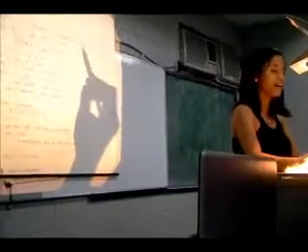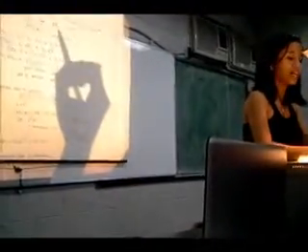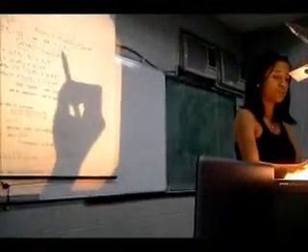Thus, we have L average times dHL. And HL is also equal to CL, which is the specific heat, multiplied by (TL minus T0). TL is just the temperature of the water, and T0 is the reference temperature. And we have dHL equal to CL dTL.